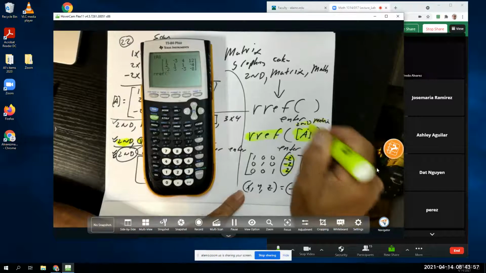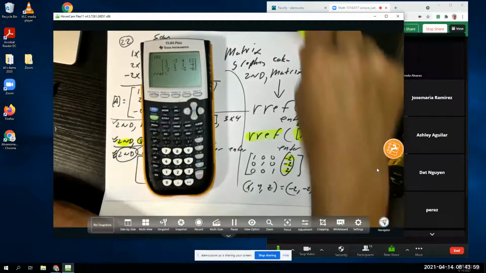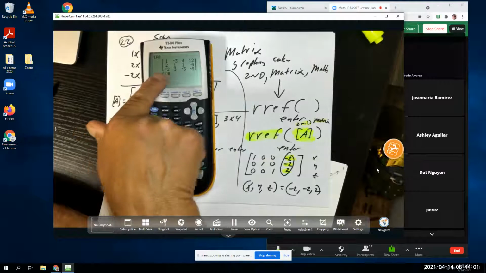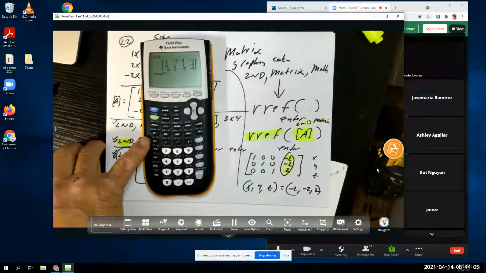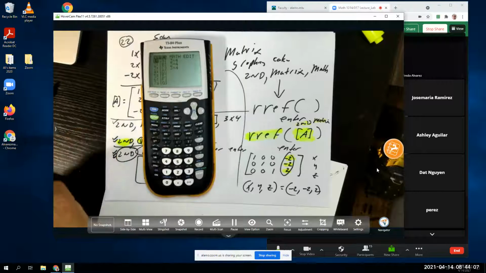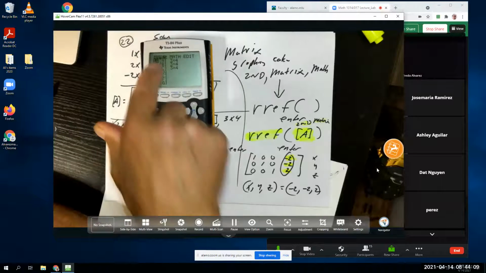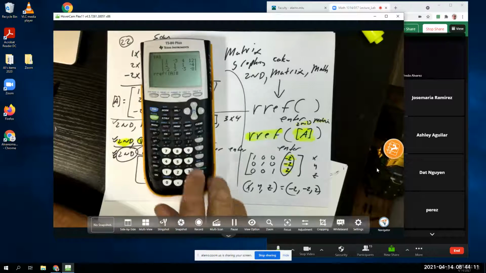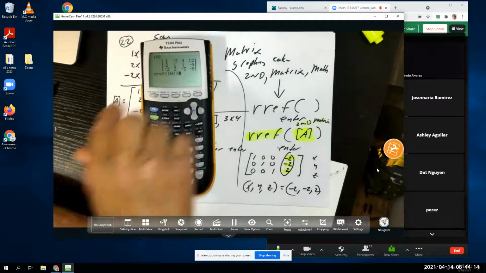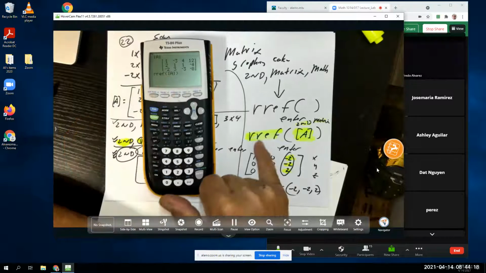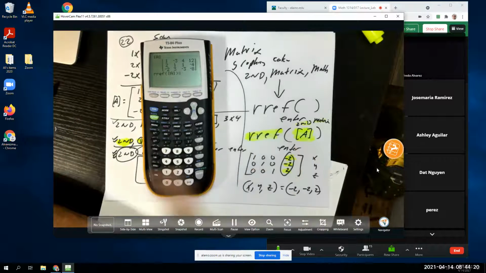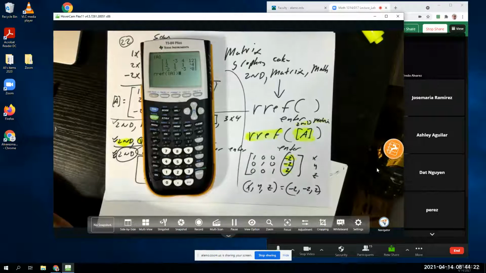Once you have RREF, you hit enter, then you hit second, matrix, and the A is right there already. So you just have to hit enter. It should look like RREF of A. That's what it should look like on your machine right now. Is that what you see in front of you? Yes or no? I got the same answers you have now.